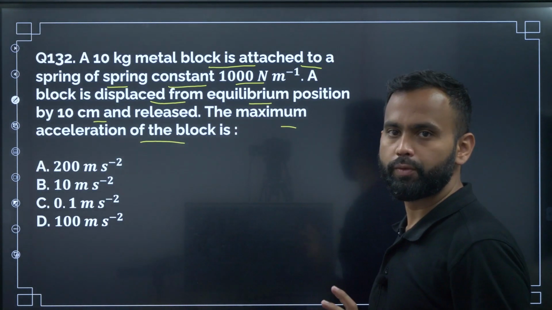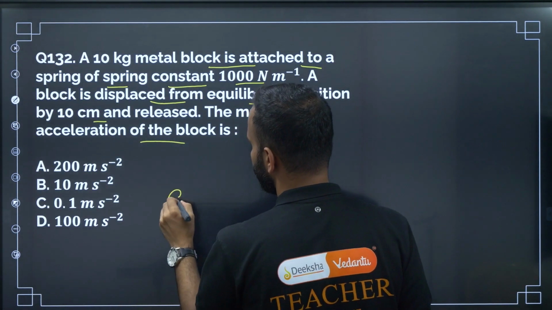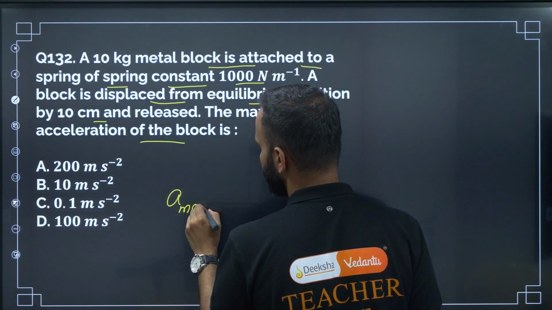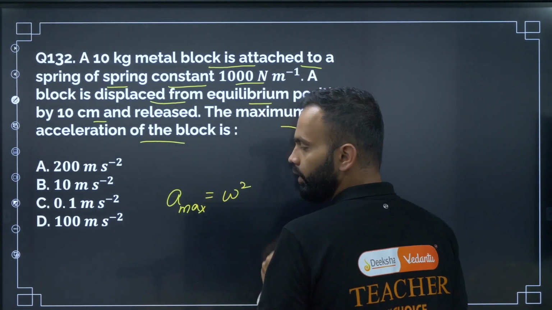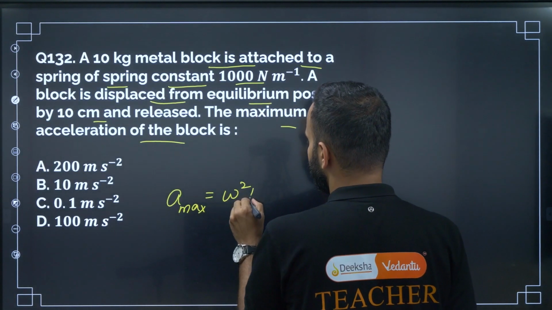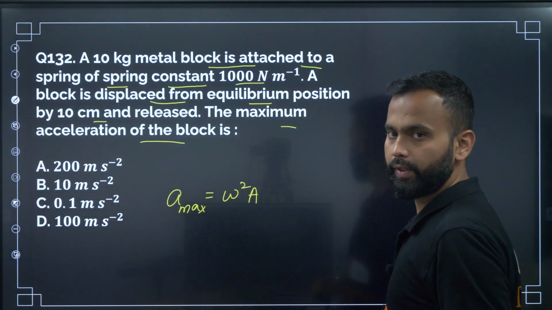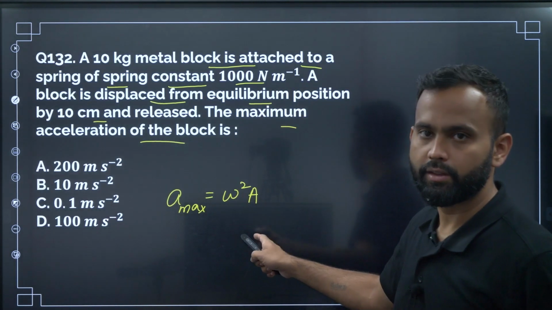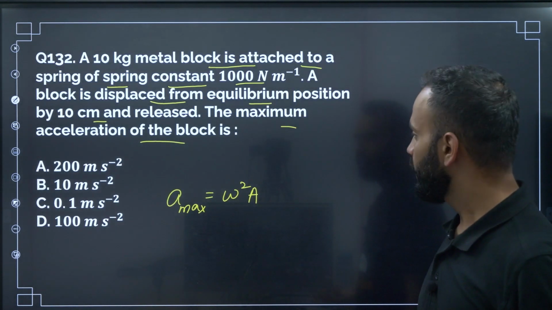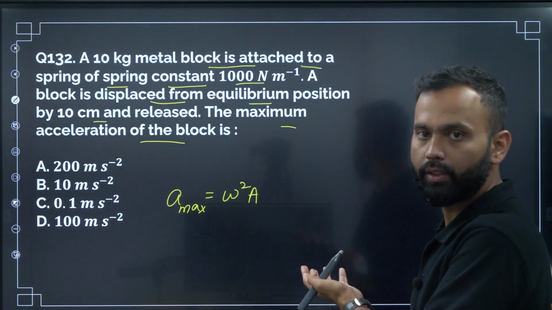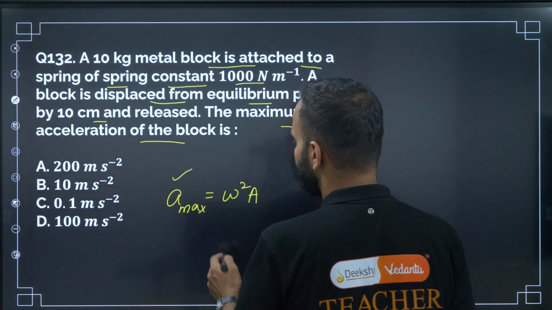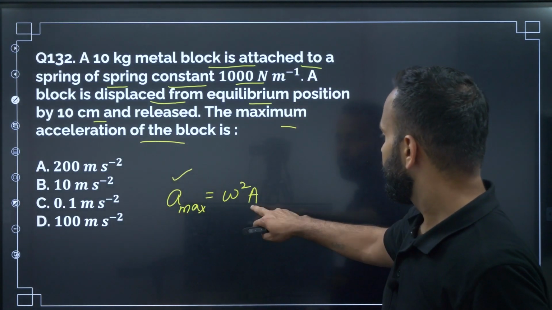So you know the formula of maximum acceleration of the block, right? Maximum acceleration is equal to omega square into x, the square of the angular velocity into amplitude. In this case, x is A, isn't it? If you want to find the maximum acceleration, here x becomes A.